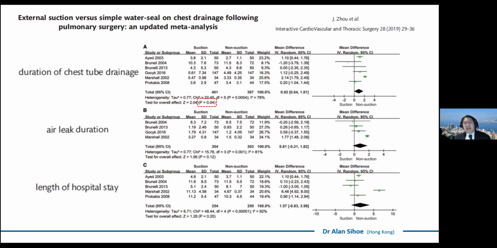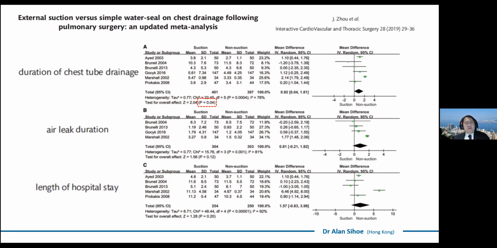However, I must say that the results aren't always consistent. You will always find individual studies which say the opposite. And even when we're talking about suction versus no suction, it's not 0 or 1. There are so many things in between, such as different levels of suction, intermittent suction, or initial suction and then you take them off suction later on. There are many variations. So I think the jury is still out.